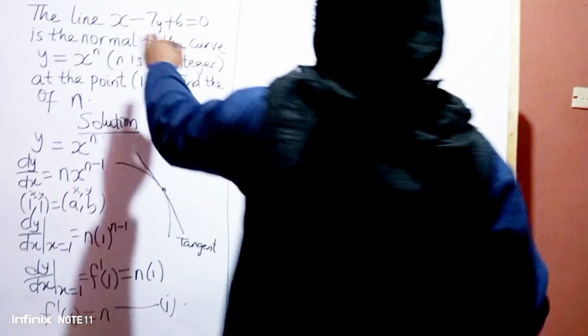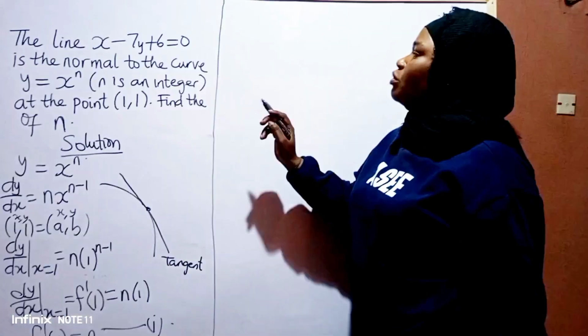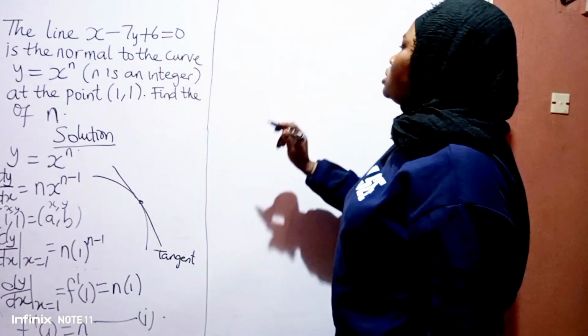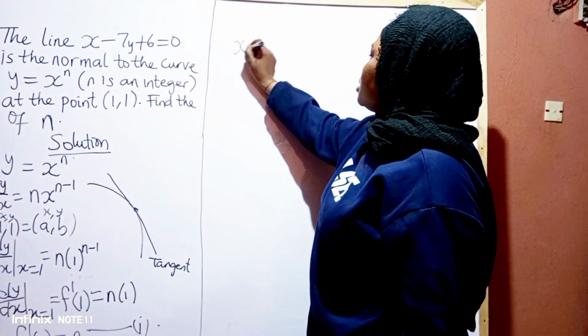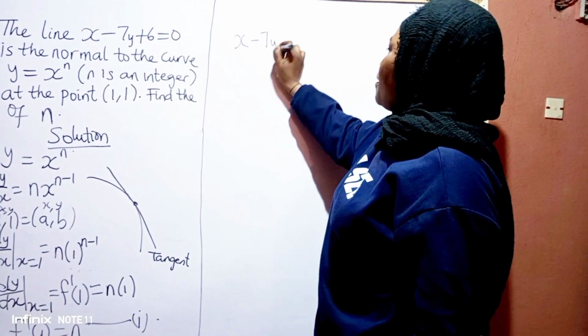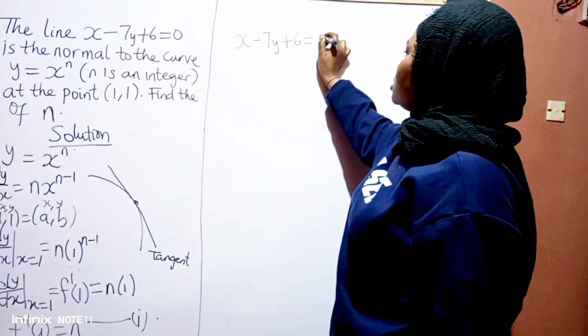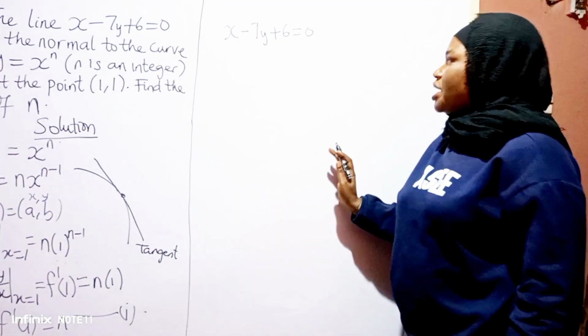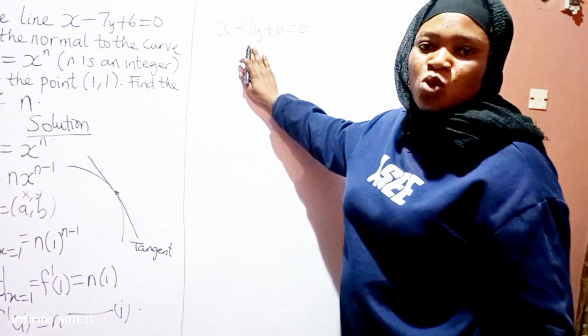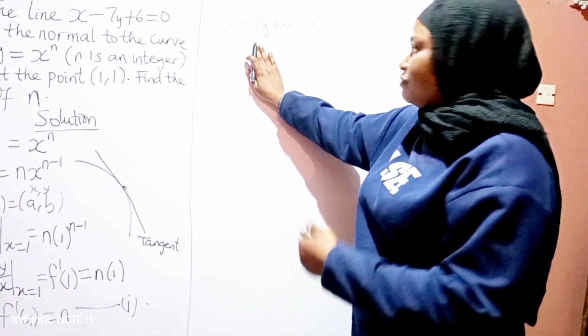Now let's go back to the line x minus 7y plus 6 is equal to 0. From here, I want to make y the subject of the formula, so I have to simplify this.